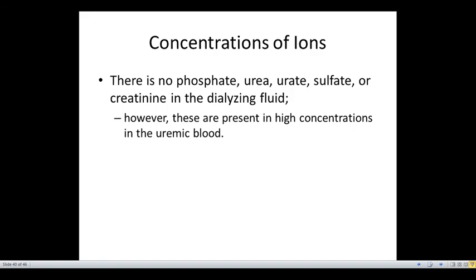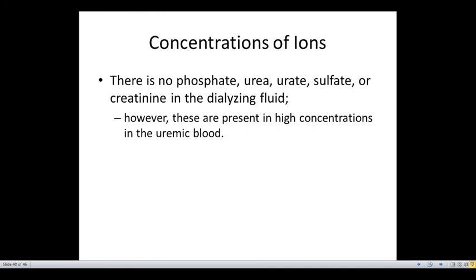Note that there is no phosphate, urea, urate, sulfate or creatinine in the dialyzing fluid.